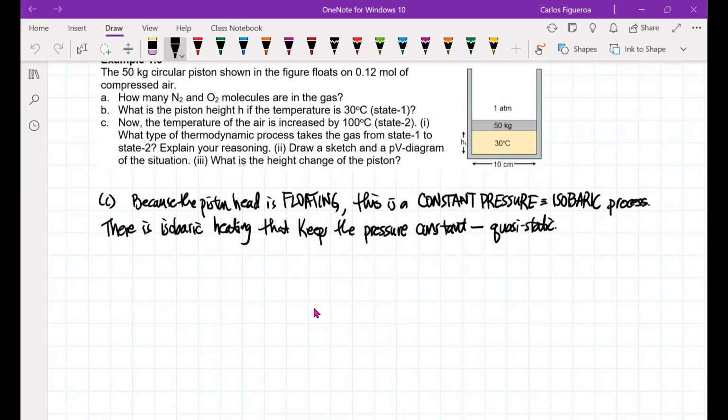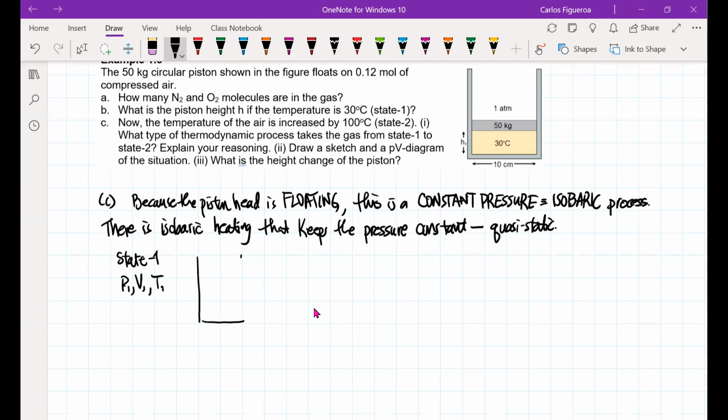So picture-wise, here's what I see. I have state 1. So that means I have pressure 1, volume 1, temperature 1. If I look at my piston head, it has to look something like this.